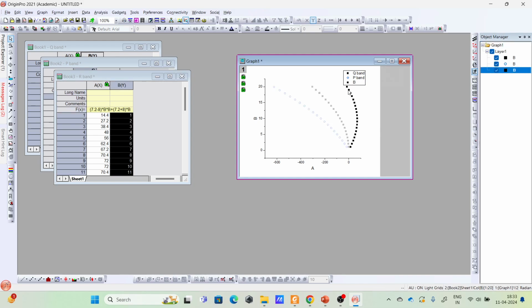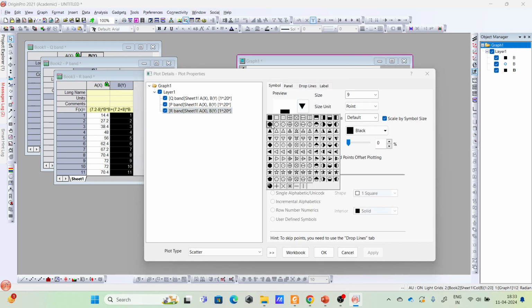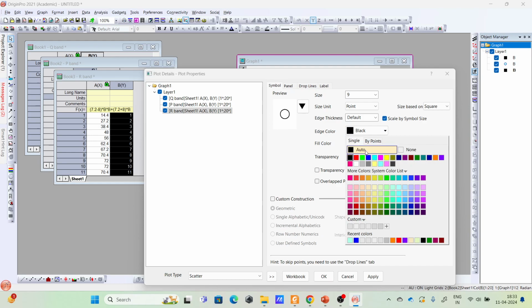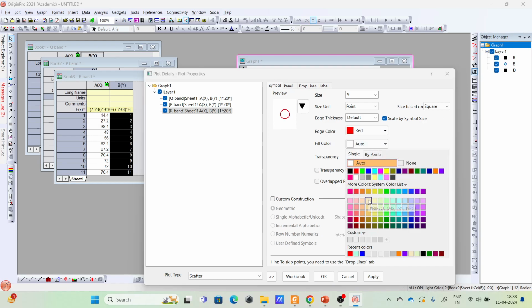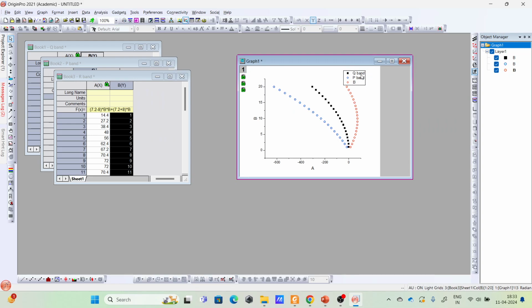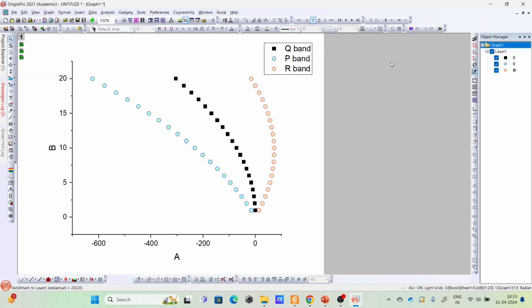Let's change it. See, this is giving me a parabola kind of thing, where I can see it is symmetric with respect to some point.